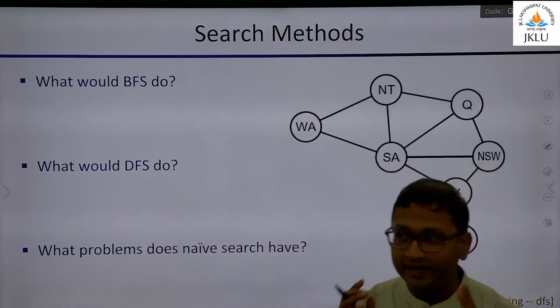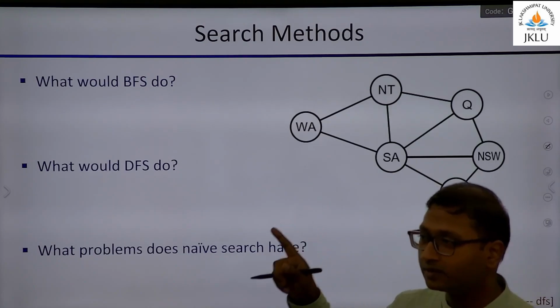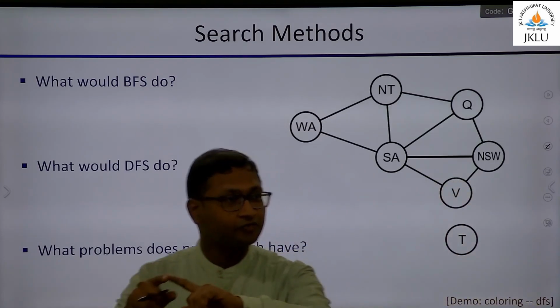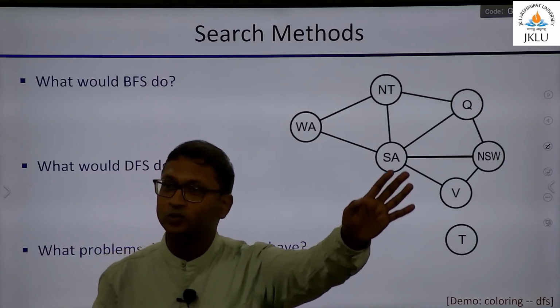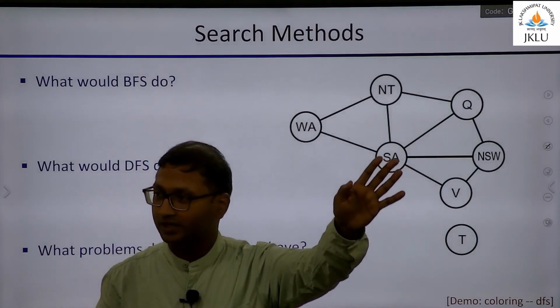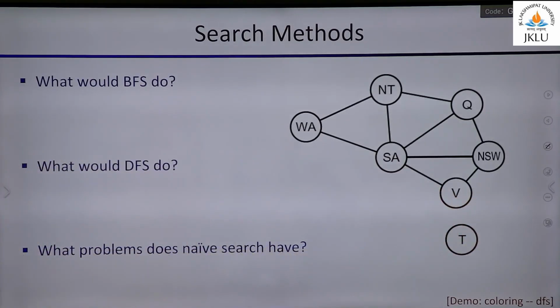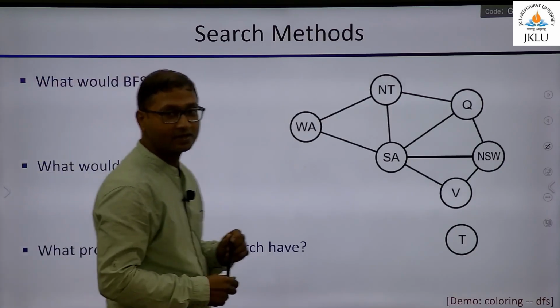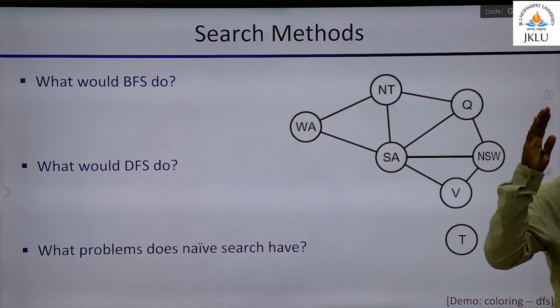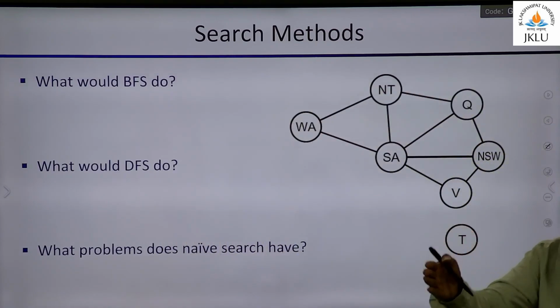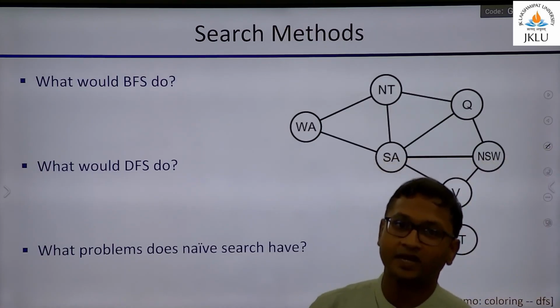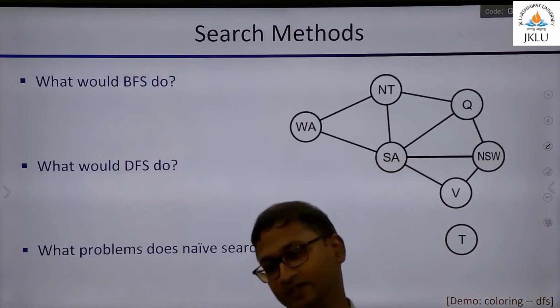But was anything special with South Australia? So if another friend of yours decided to start from T, anything wrong with that? Huh? So we are not stating the right start state. Start state is something you look at and you figure out this is my start state. What is start state?